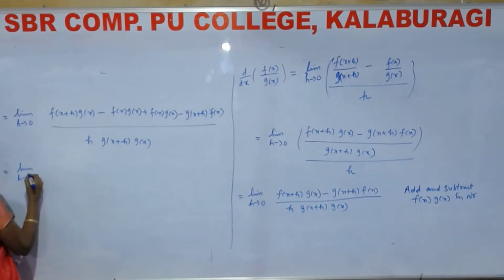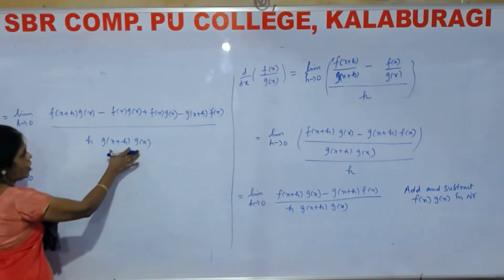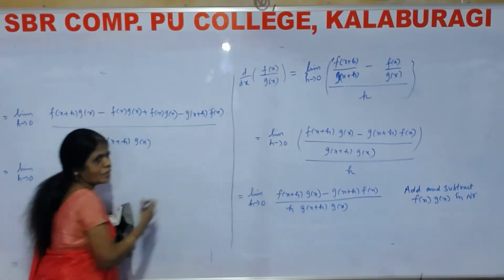Now limit h tends to 0, first itself I will divide. Then it may be easy for you. Shall I do that? Okay. So what will I do? Shall I write this left side, outside separately?